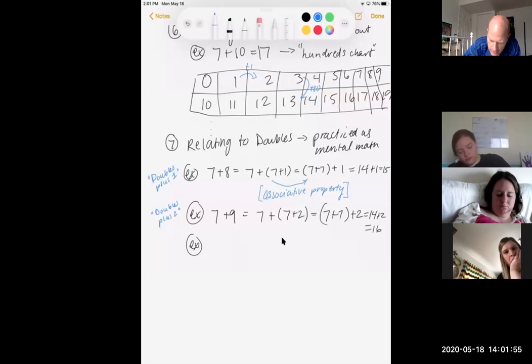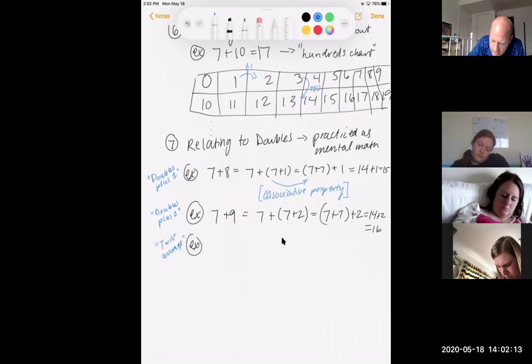So going to these doubles, there's a strategy called twice the average. If I have doubles plus 2s, you can do twice the average, like 7 plus 9.